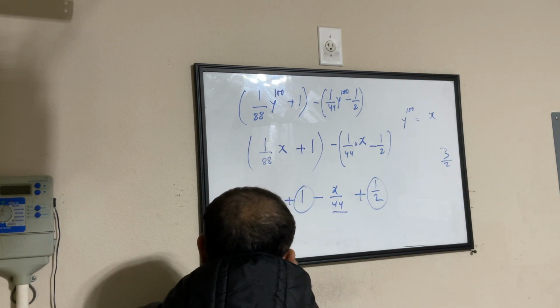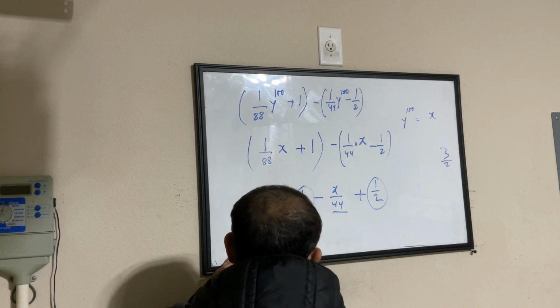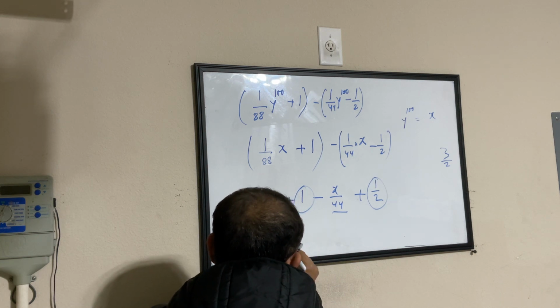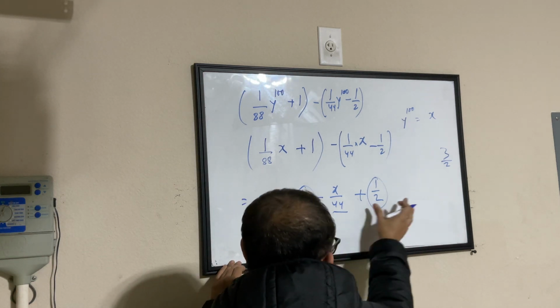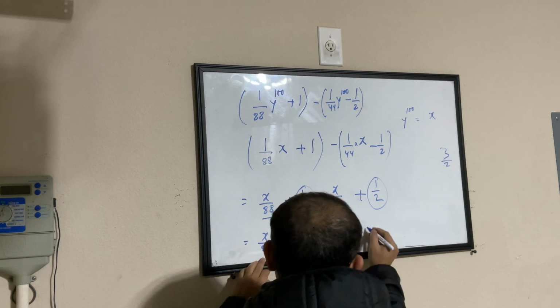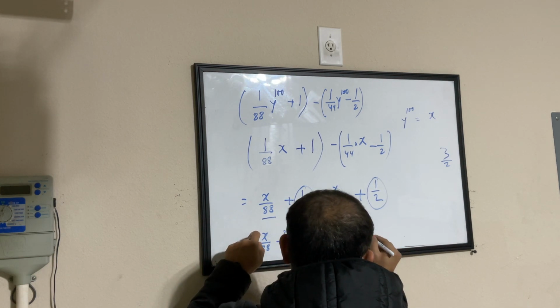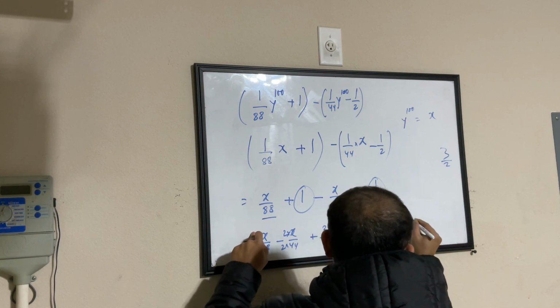So x/88 minus x/44. What I can do is multiply by 2 here. So that way it becomes, I'm just keeping 3 by 2 on the side, x by 88 minus 2x by 88 plus 3 by 2.